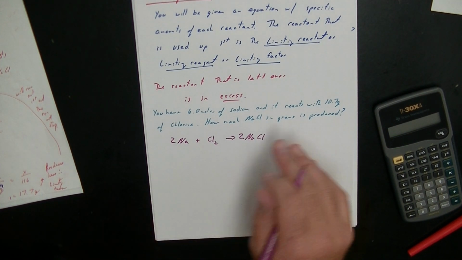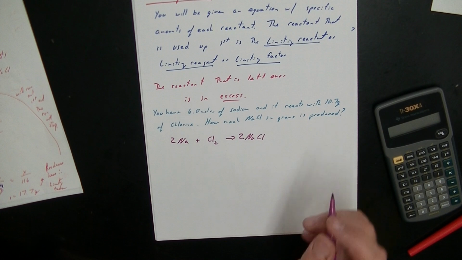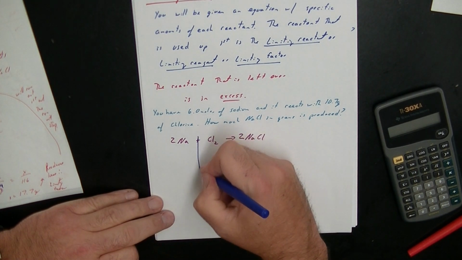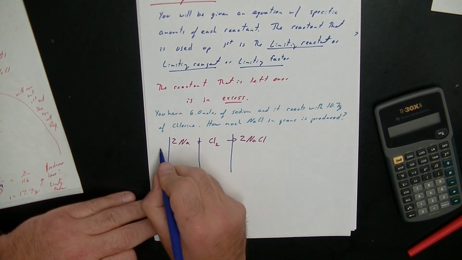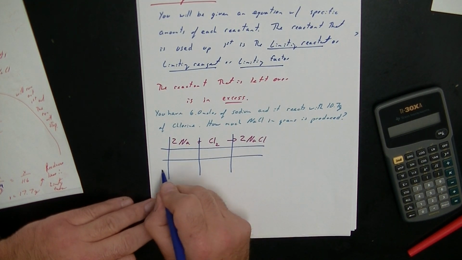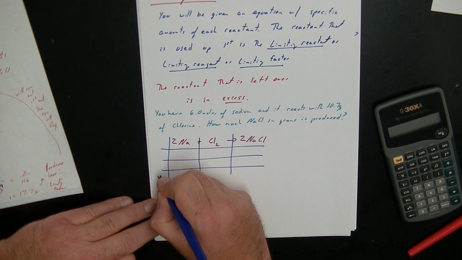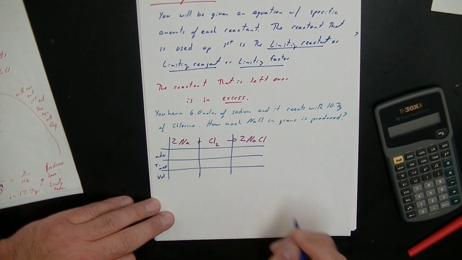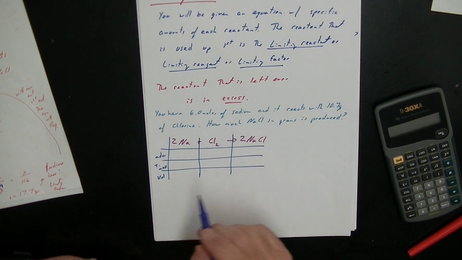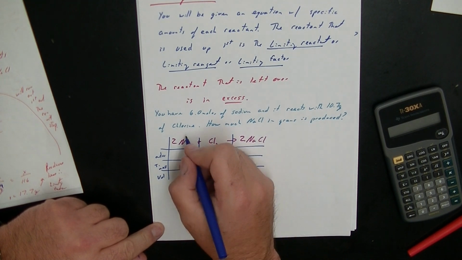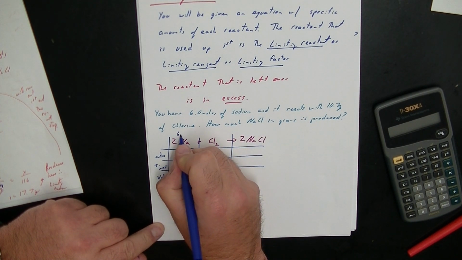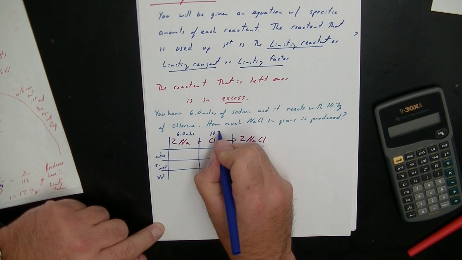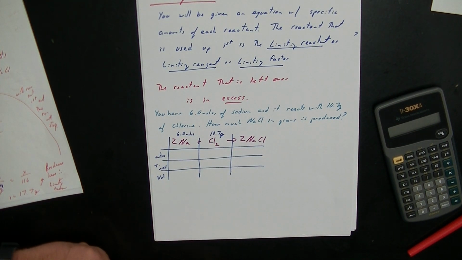Now, this is a stoichiometry problem, and there's a couple ways that we can attack it. So let's go ahead and draw a chart with volume, total mass, and moles. Just for fun, up here we have 6.0 moles and 10.7 grams of chlorine.